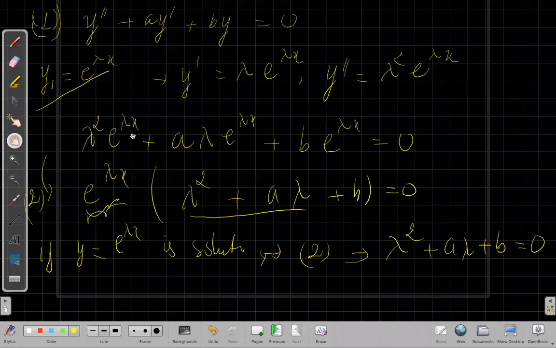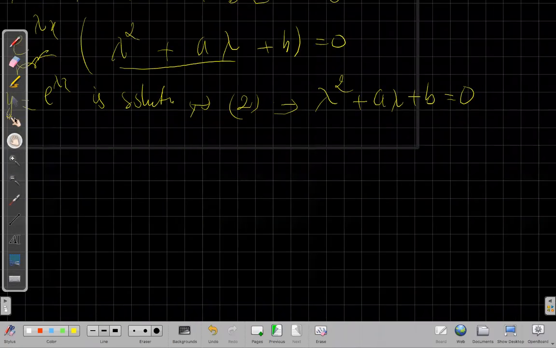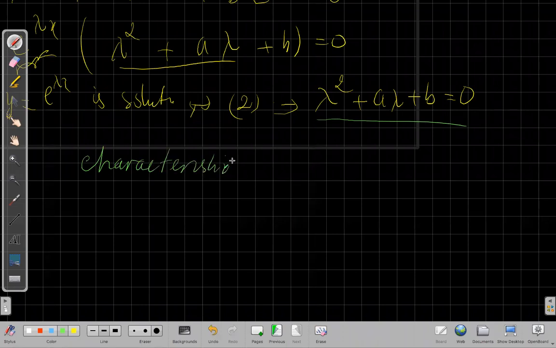In this case, we call this the characteristic equation of the second order ODE.